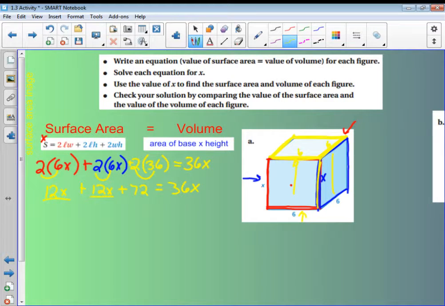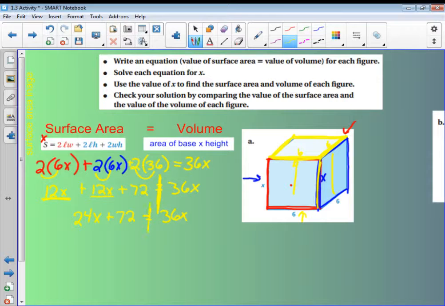Some of you want to get rid of terms individually, but when it's the x, it does not work to do that. So we're going to combine these and simplify the left side of our equal sign. 12 plus 12 is 24x, plus 72 equals 36x.